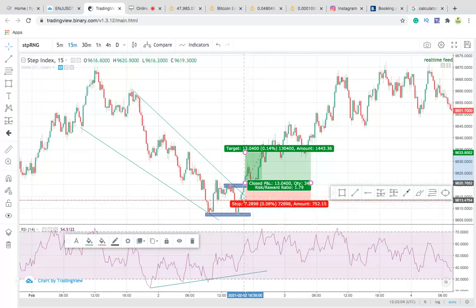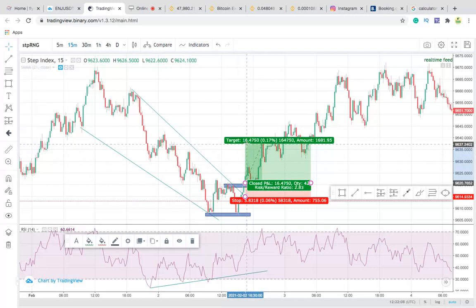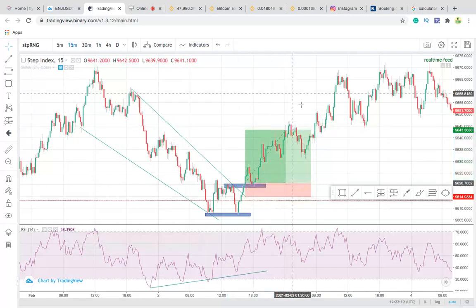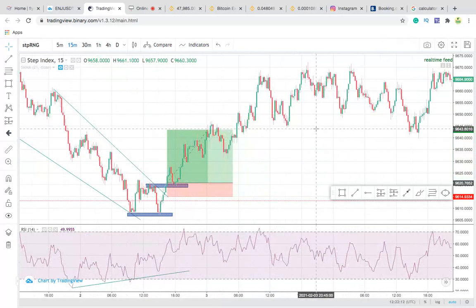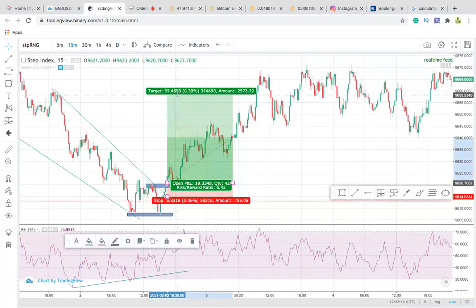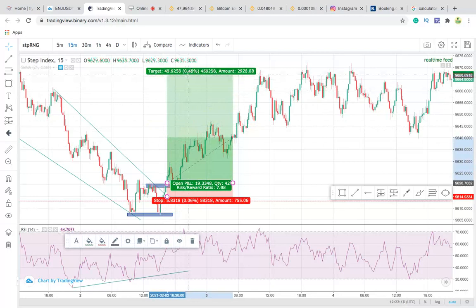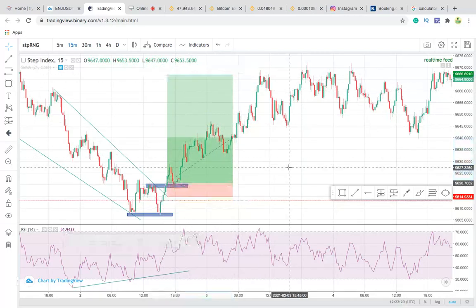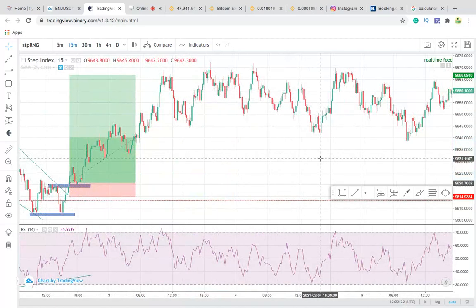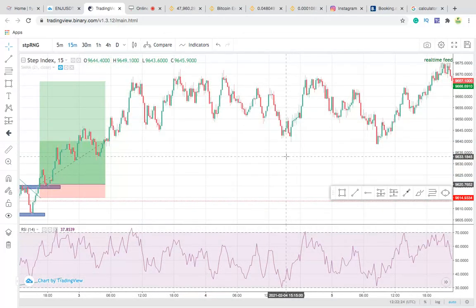This is just a free strategy I'm really giving out, because, like I always say, my strategy is based off of price action only. Price action is not really a strategy.